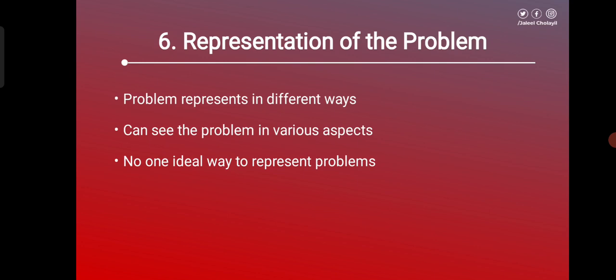The great advantage of this problem solving method is that we get various aspects of the problem. We may be aware of the various aspects, and we have a lot of information about the problem. The limitation is that there is no single ideal way to represent a problem.